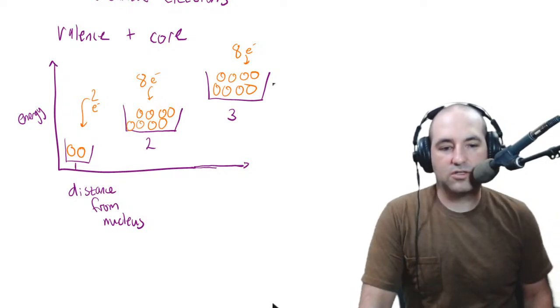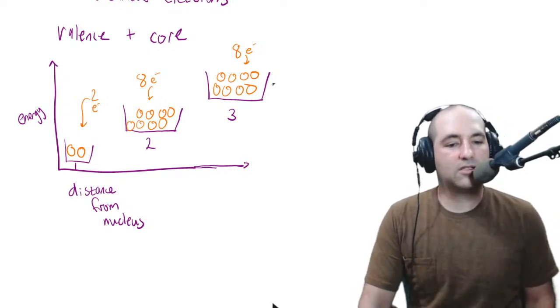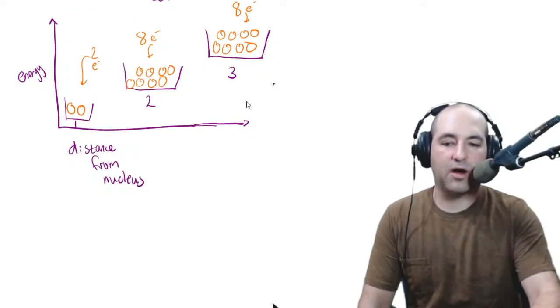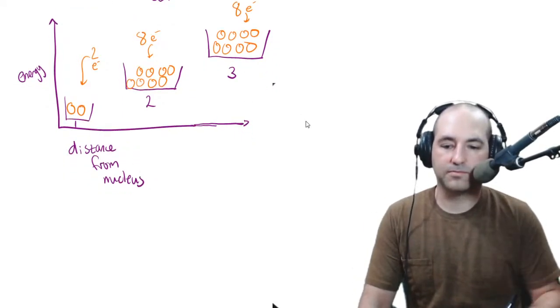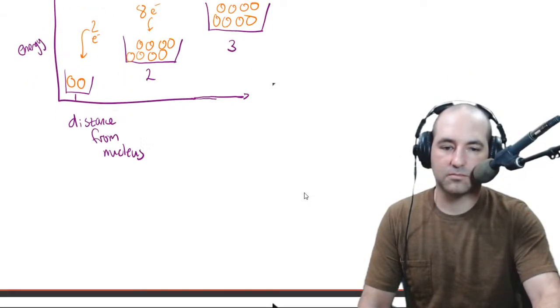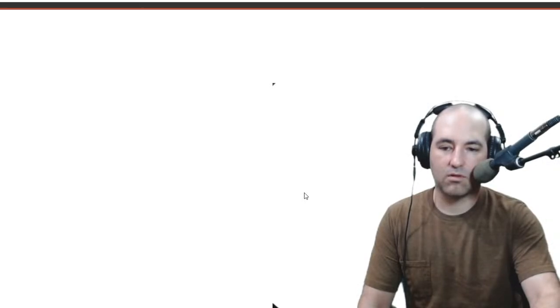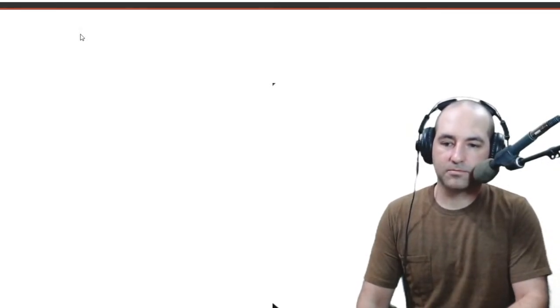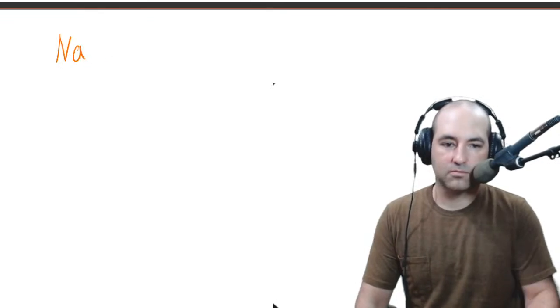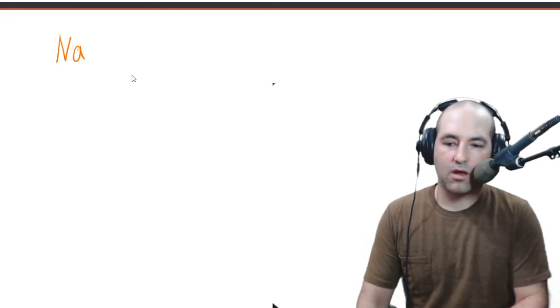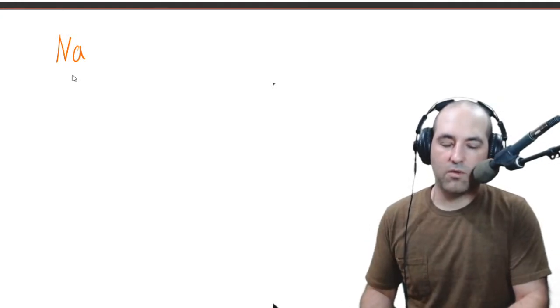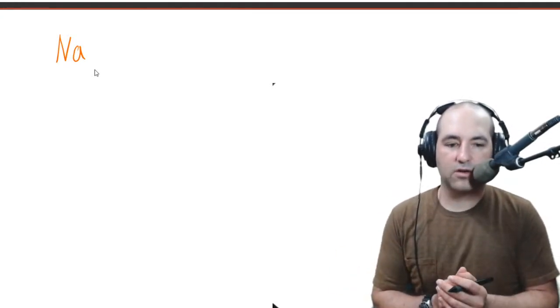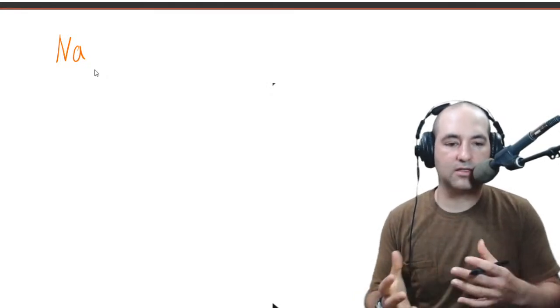So how this works is you take a particular atom and you figure out its number of electrons, and then you use it to fill these buckets. So, for example, let's take sodium. And we want to know how are sodium's electrons distributed in these buckets, in these levels?